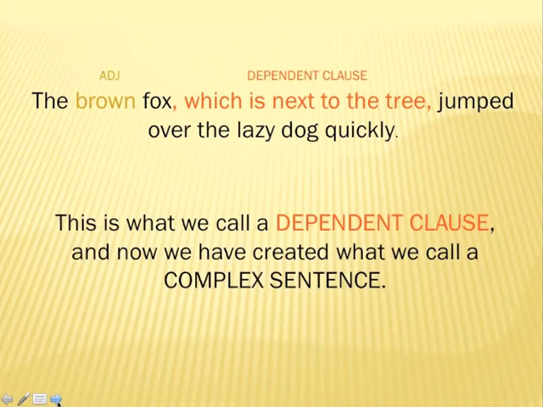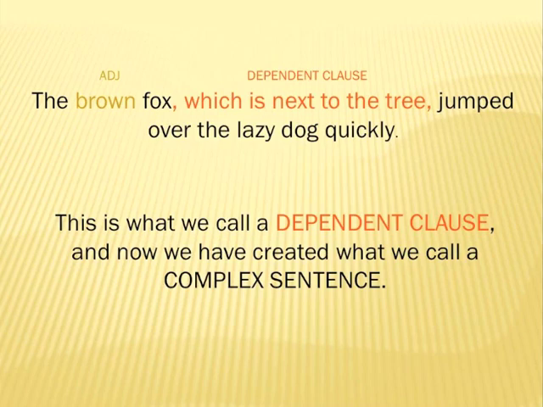Well, you see, this is what we call a different kind of clause. This is called a dependent clause. You see, the dependent clause is added to the sentence because it's actually doing something specific. It's not adding another compound idea to the sentence or another complete idea. Instead, it's creating something that depends on something else in the sentence to be there.